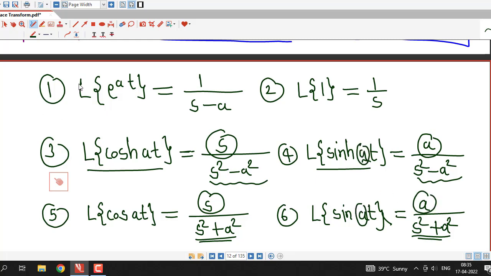So we must remember these formulas for Laplace transform of all these standard elementary functions.